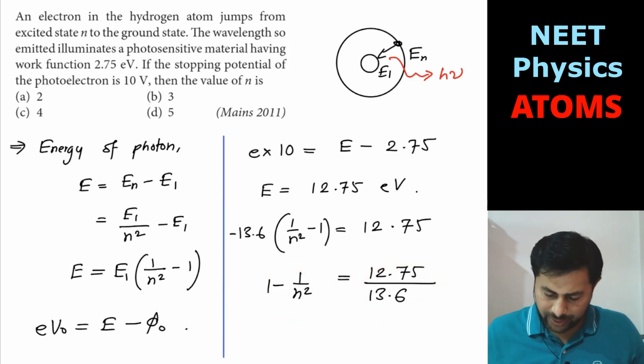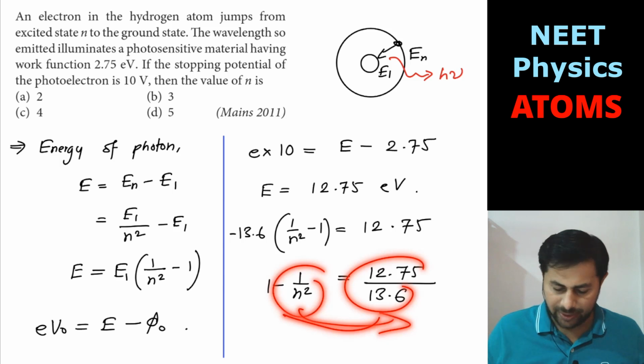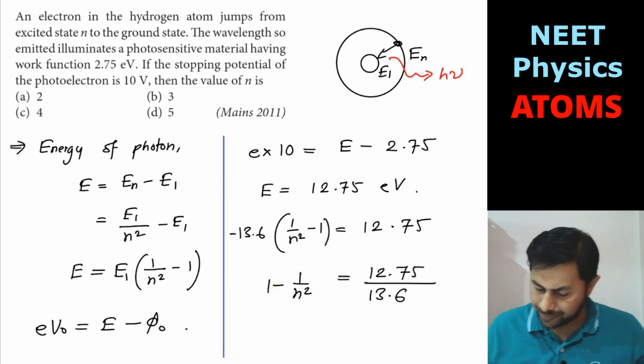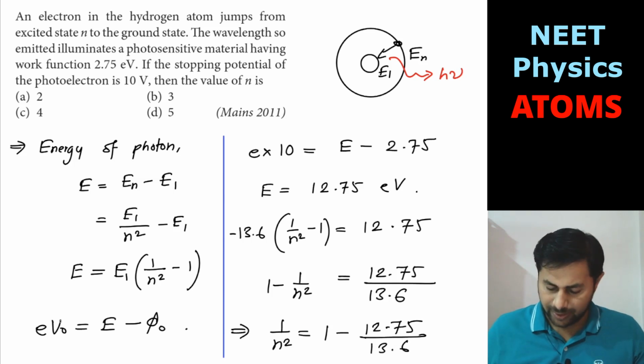So what we can do is move this minus 1 by N square on that side, and this thing on this side. All right, so we have 1 by N square equal to 1 minus 12.75 divided by 13.6, right?